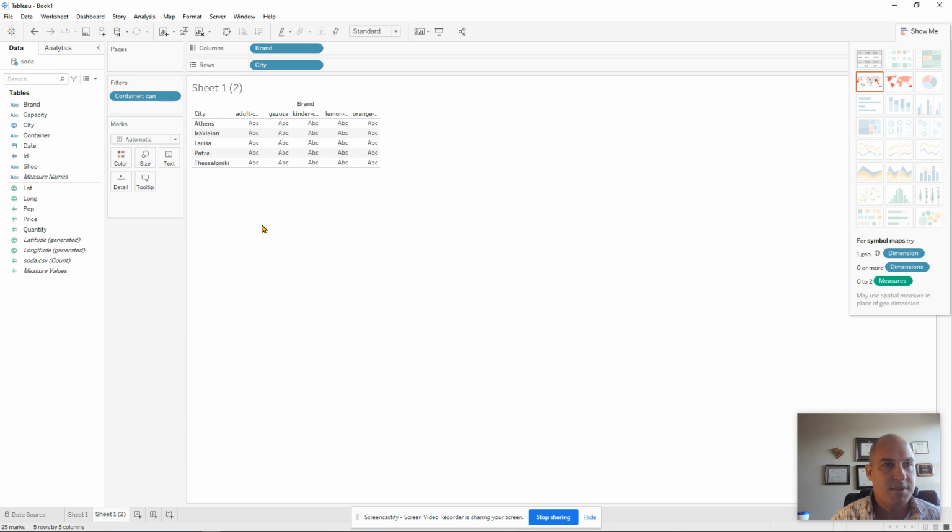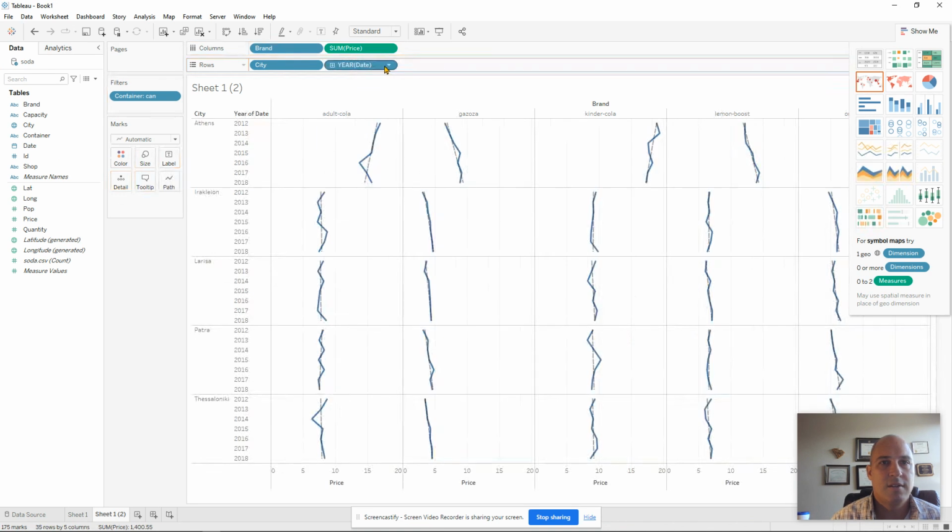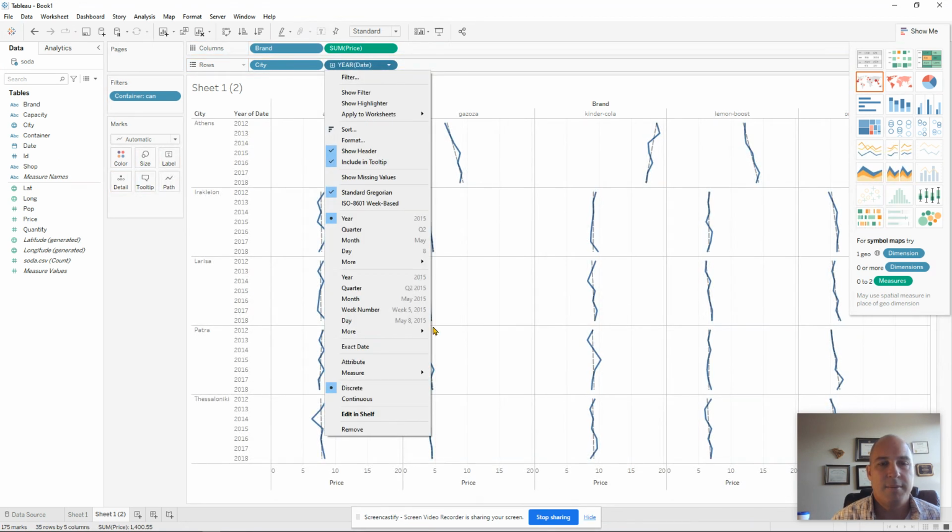So how do we get time series again? Let's look at prices over time. Let's throw prices in the columns, and then date. Oh, I did it backwards again. Okay, I'll flip it. Wait a second.